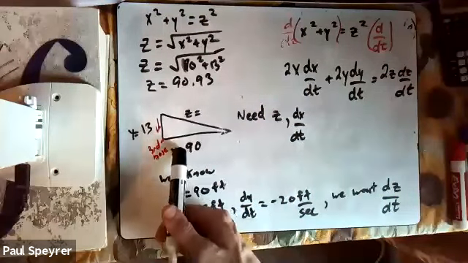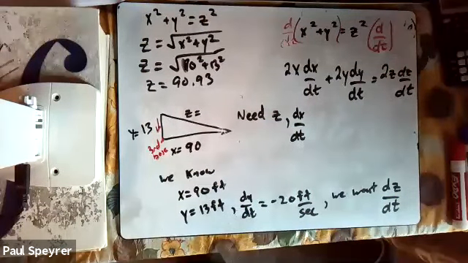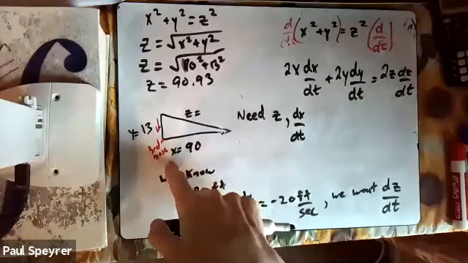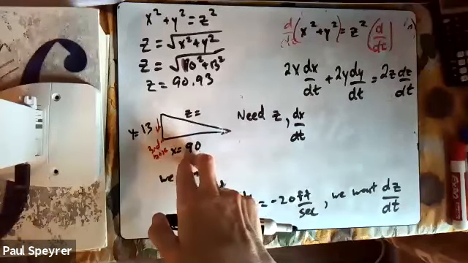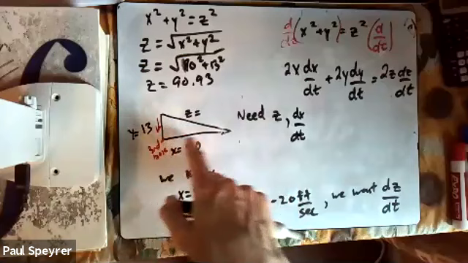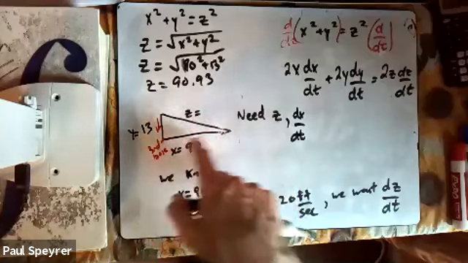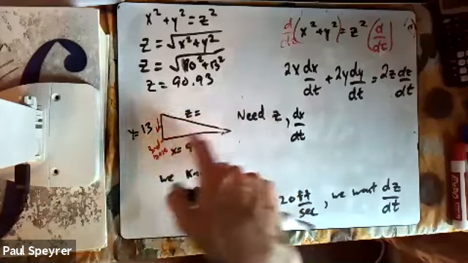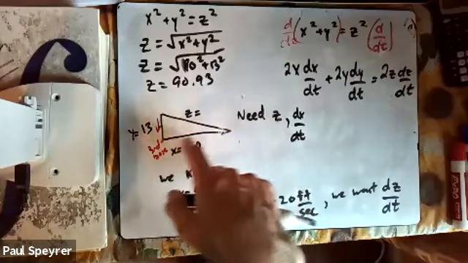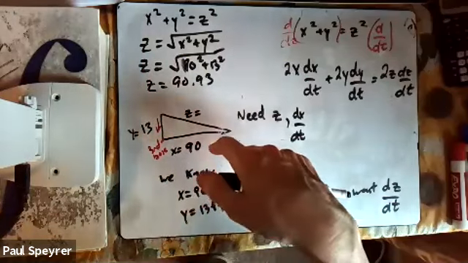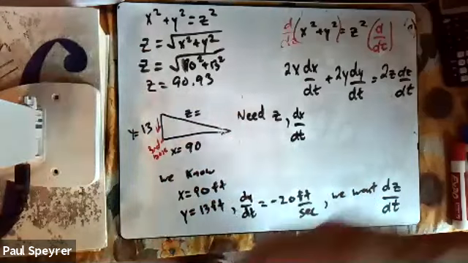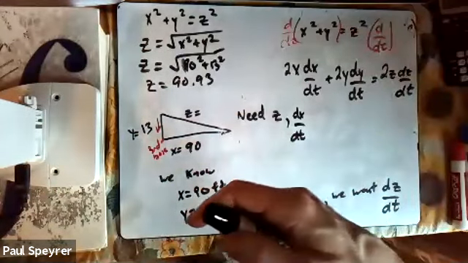What about the dx dt, though? dx dt is how fast the length of this is changing right here. Well, it's not. It's always constant. It's kind of like the ladder, right? Remember the ladder? It wasn't getting shorter or longer.